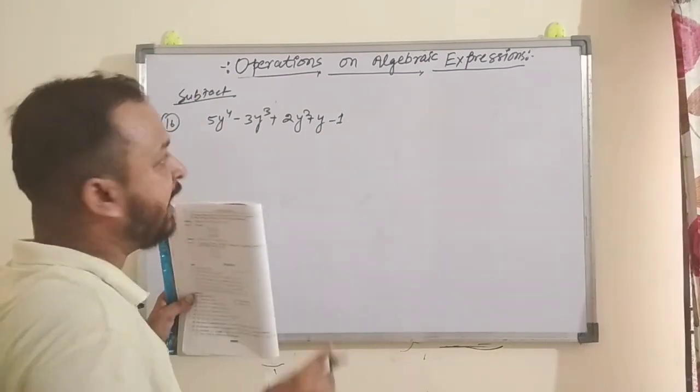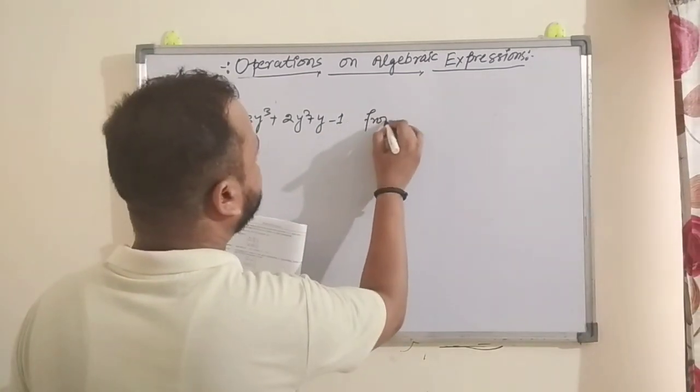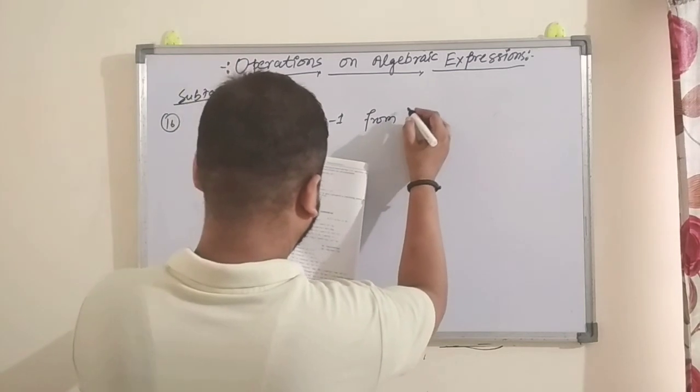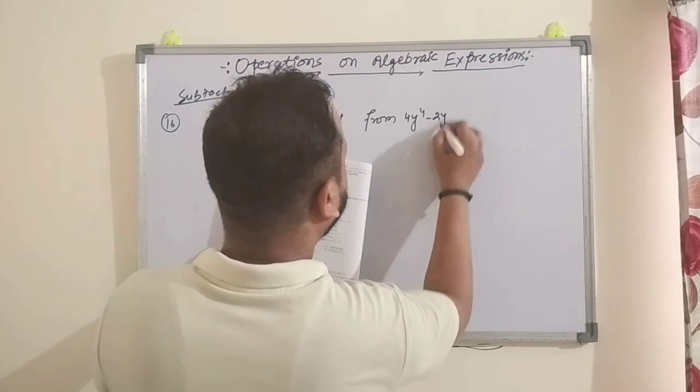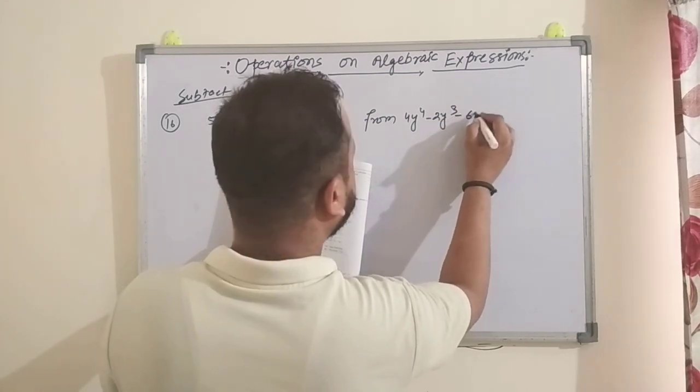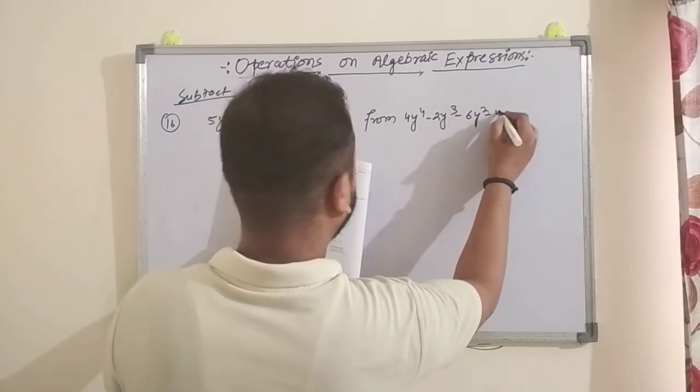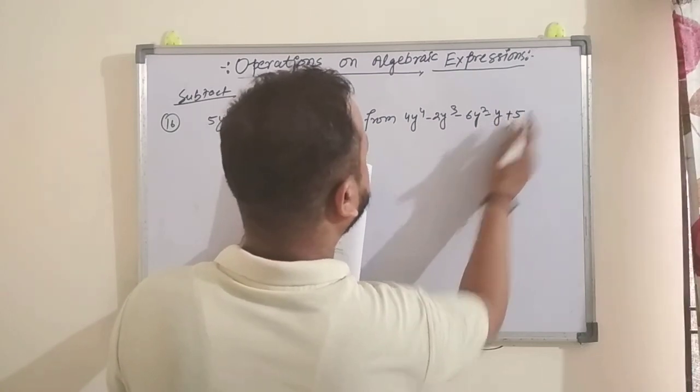This has to be subtracted from 4y power 4 minus 2y cube minus 6y square minus y plus 5.